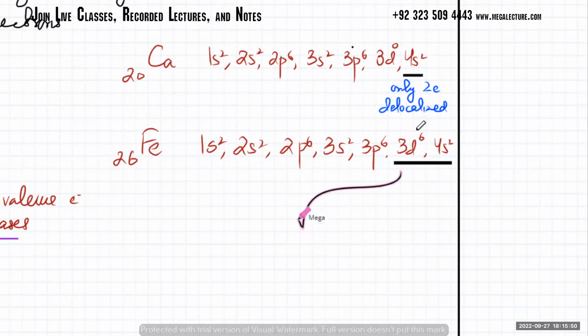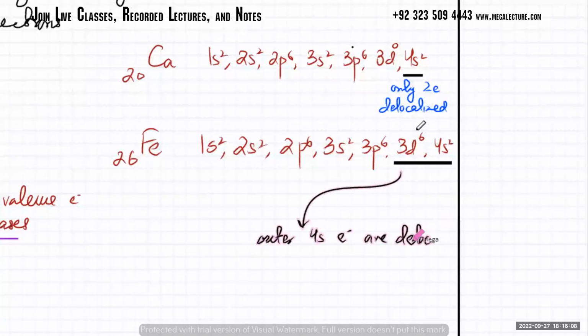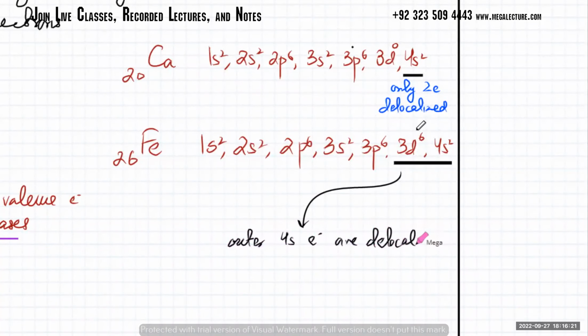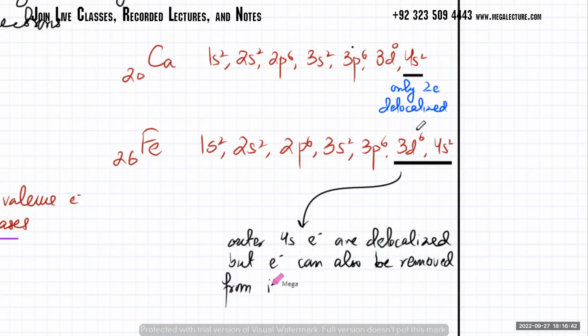So here, the outer 4s electrons are delocalized, but electrons can also be removed from the inner 3d subshell as well.